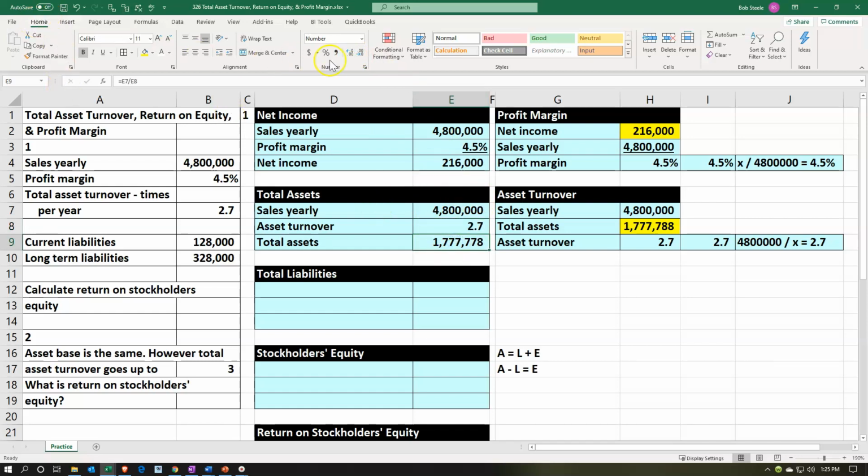And notice if I go to the home tab, alignment, and add some decimals, it's actually not an even number. So you could still end up with some rounding differences when you're using that function, but just note that's the nature of this type of ratio analysis.